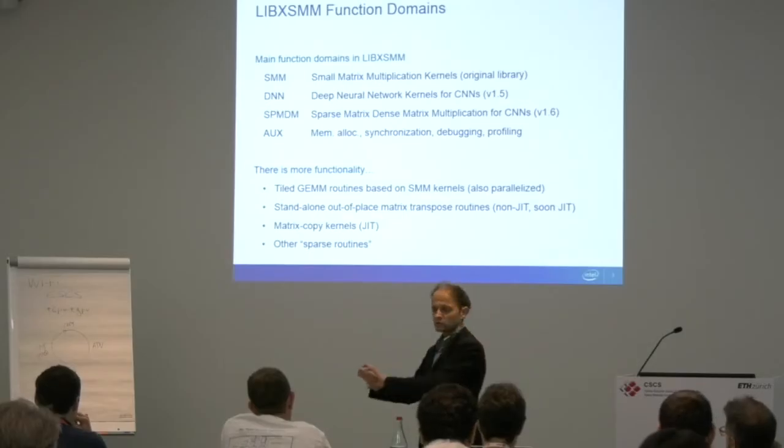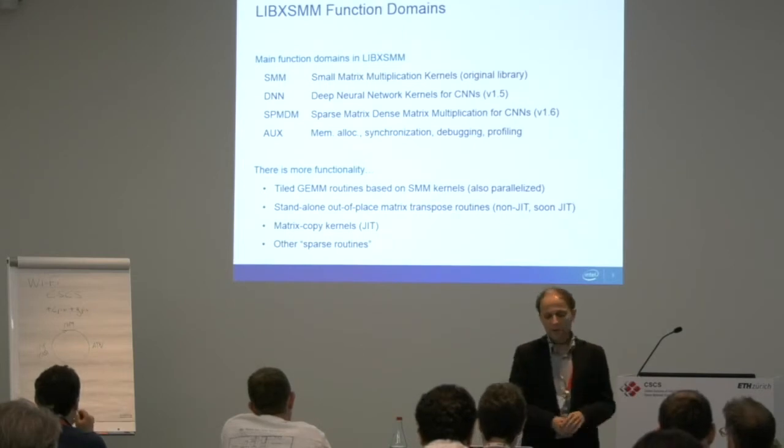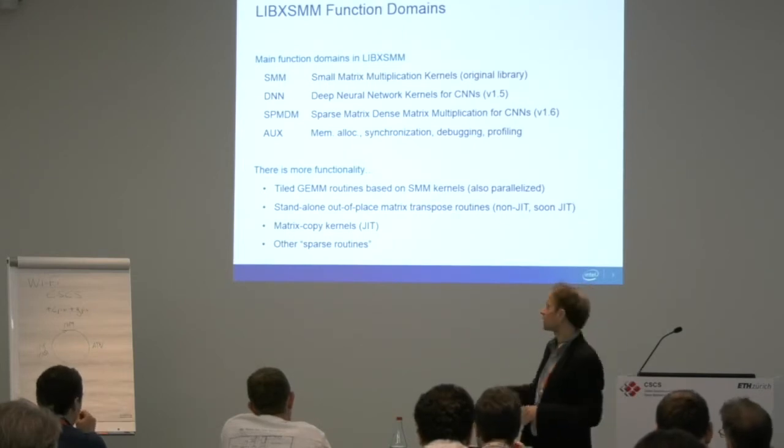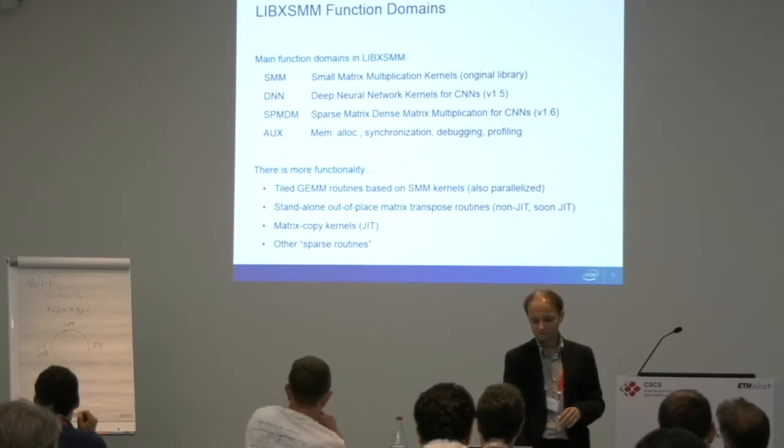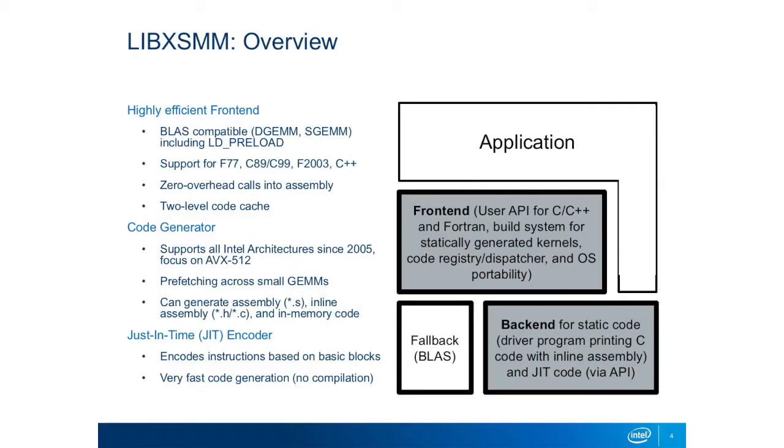And then we have other sparse routines that fall not under SPMDM and where I had no fantasy to come up with a shortcut yet. So the general overview here is focusing again on the SMM, the classic small matrix multiplication domain, but it's true in general. What we actually started with is to replace or augment BLAS.